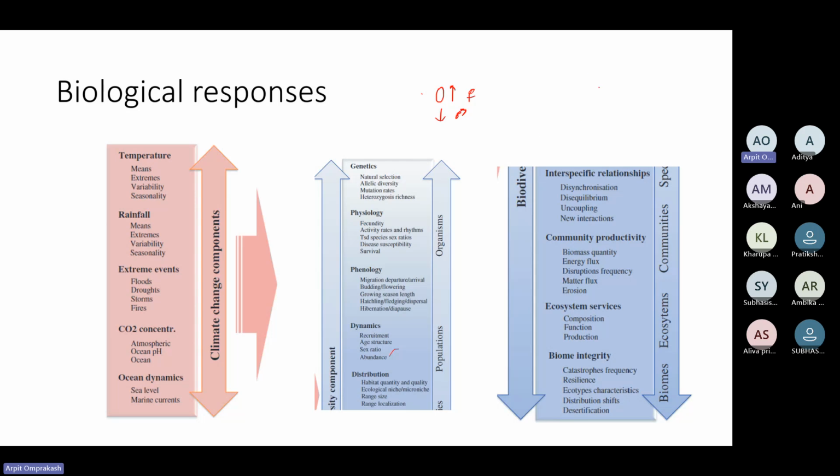So, for example, let's say some organism was found earlier in this piece of area, but due to some increase in temperature, this area has become hotter. Everything has become hotter. Let's say the gradient was from here to here, 30 degrees to 26 degrees. But now, after heating up, this has become 34 degrees, and this has become 30 degrees.